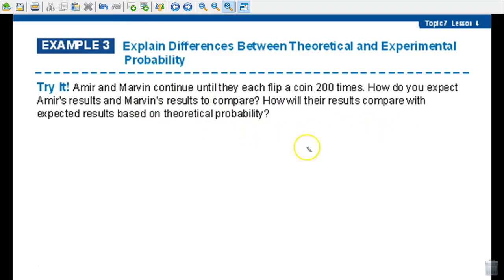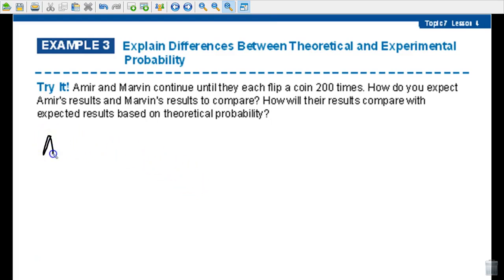How will their results compare with expected results based on theoretical probability? So, we would expect Amir's results and Marvin's results to be close together, but not exactly the same. It can happen that they can have the exact same results, but it's probably not going to happen. Okay, but they will be close.